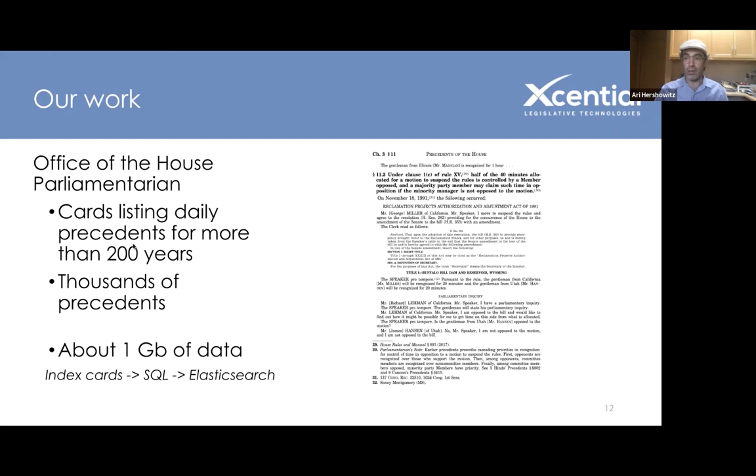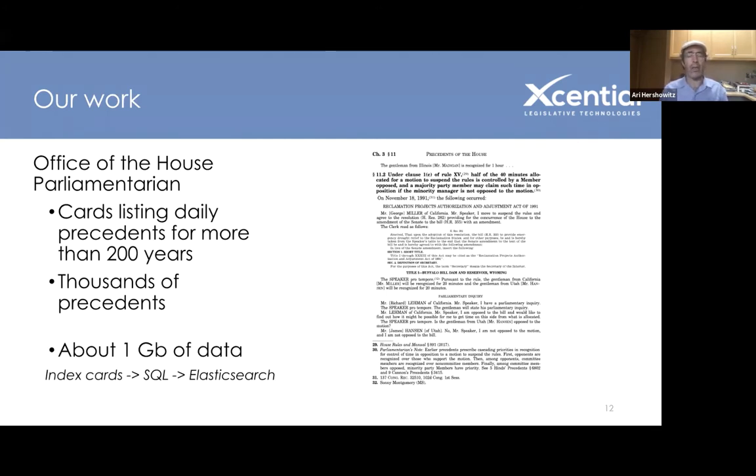So search was flipping through the index cards, and the parliamentarian knew all of the index cards by heart and could find the card necessary at the time. Later, those index cards were put into a SQL database, and the parliamentarian got to do a SQL search on that with an exact match. They were pretty happy with that for about 20 years. And then they came to us and said, can we do this faster? And we said, yeah, let's put in an Elasticsearch search.